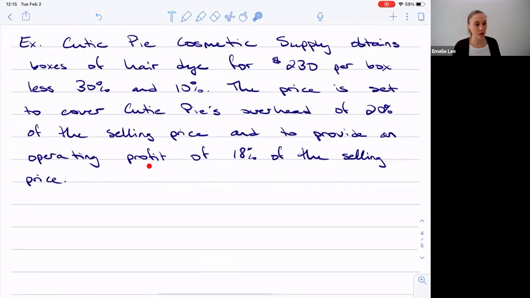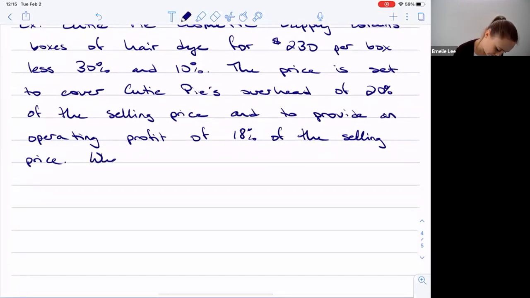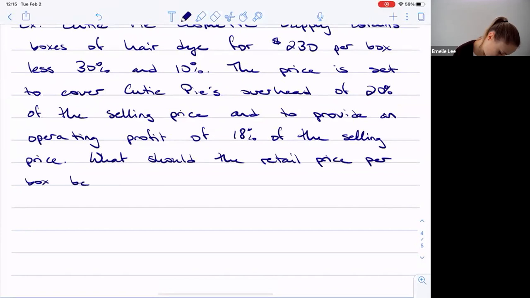Same structure as before, right? The question that we just did together. And this is an E, Cutie Pie: what should the retail price per box be?